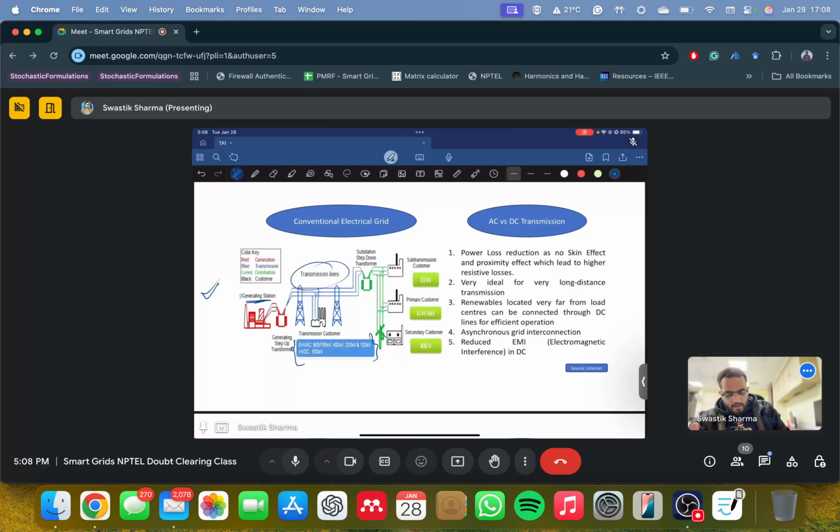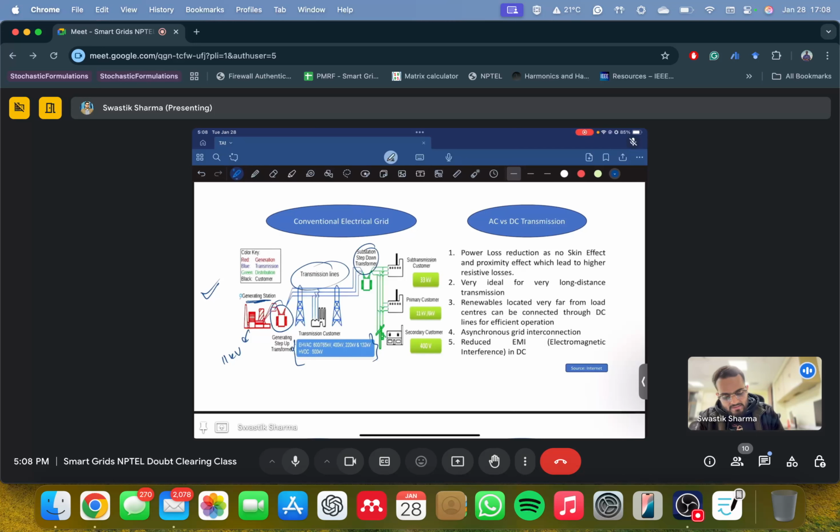Generating stations don't develop electrical energy at such a high voltage level, only up to approximately 11 kV. So they have step up transformers which step up this voltage to a level that can be used to transmit electricity. Why is that? I will cover it once you get a feel of it. We'll discuss why this step up is required.